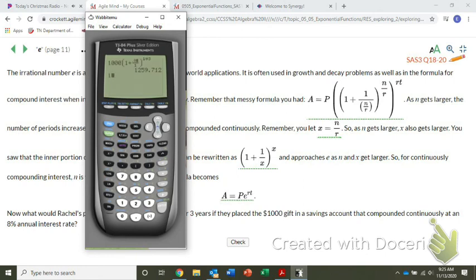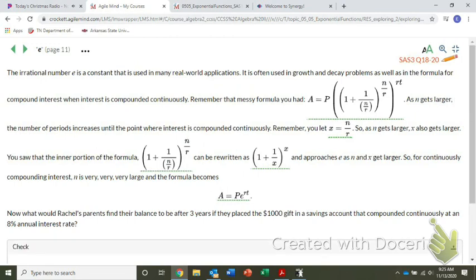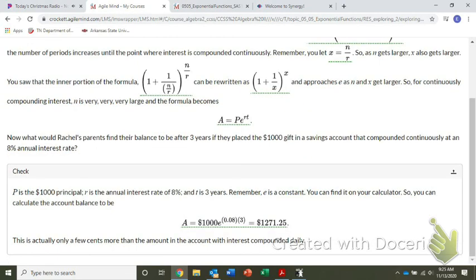You all type in 1,000 second LN to put in that E, 0.08 times 3. And you should get $1,271.25.